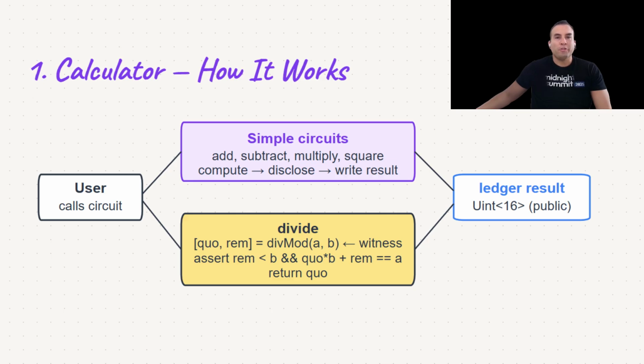Is the remainder smaller than the divisor? And does quotient times divisor plus remainder equal the original number? If both, yes, we're good. Otherwise, transaction rejected. One state cell, 5 circuits, 1 witness. That's the entire contract. Let's look at the code.